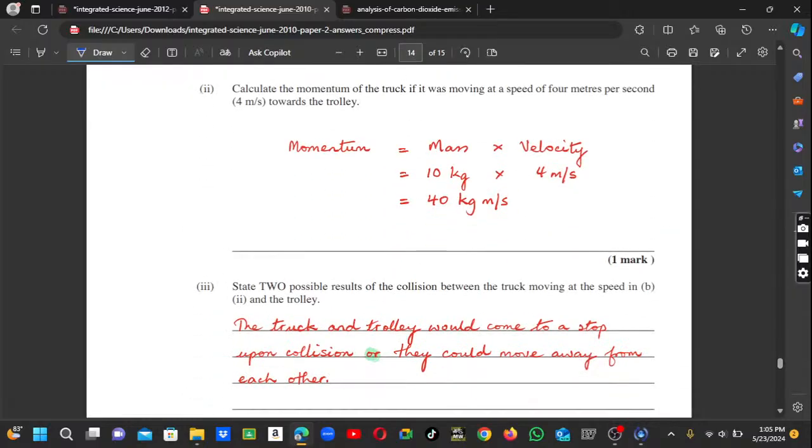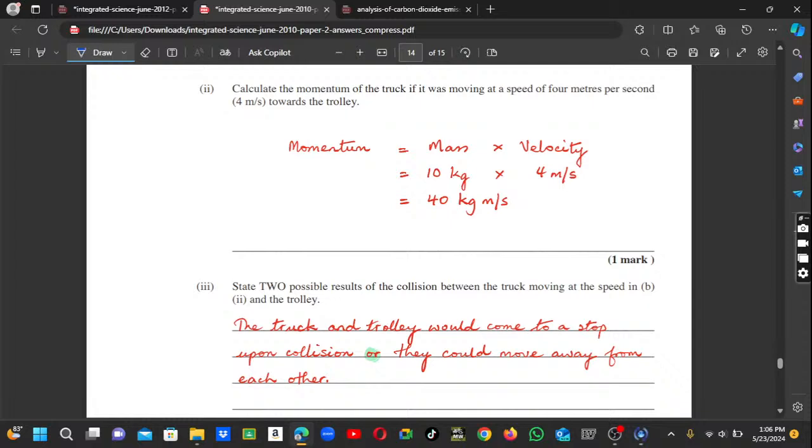Now we need to calculate the momentum of the truck if it was moving at a speed of 4 meters per second. So 4 m/s means 4 meters per second. The momentum is equal to mass times velocity. The velocity is how fast the truck is moving.